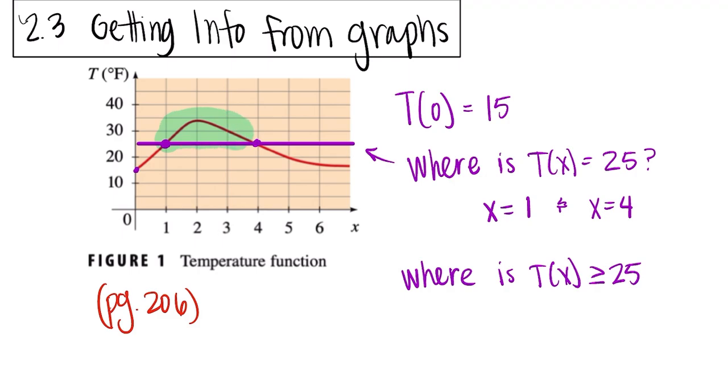If it's a big section of the graph, we write it as an interval. What two x values did we say it's equal to 25 at? 1 and 4. Is it between those two numbers or on the outside? It's going to be between. So let's start at 1, end at 4. I'm going to do closed brackets because we had the equal to. If it was just greater than 25, we would do parentheses, but since it's equal, do your closed brackets.